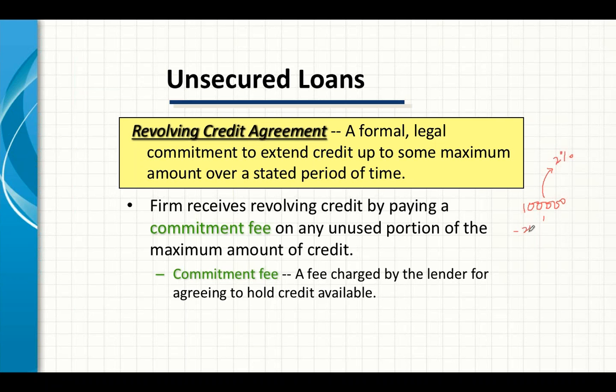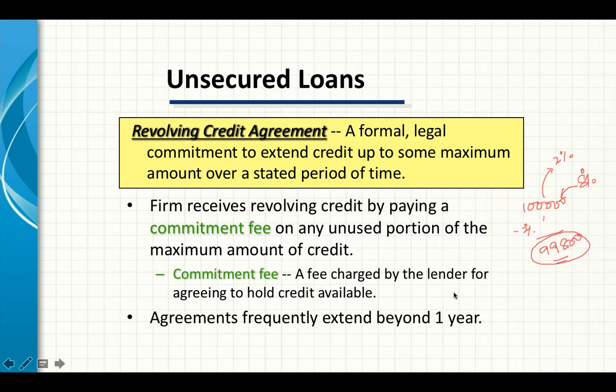So when 2% is reduced here, you will get only 99,800. The net proceeds will be 99,800. And this loan is borrowed at the rate of say 8%. You receive 99,800, but you'll have to pay interest on 100,000. So a commitment fee is an amount charged by the financial institution for giving a credit.